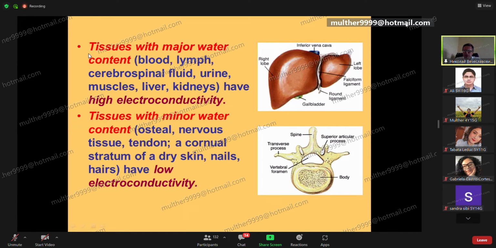Tissues with lower electroconductivity due to minor water content and high impedance level are osteal, nervous, tendon, corneal stratum of dry skin, nails, hairs.